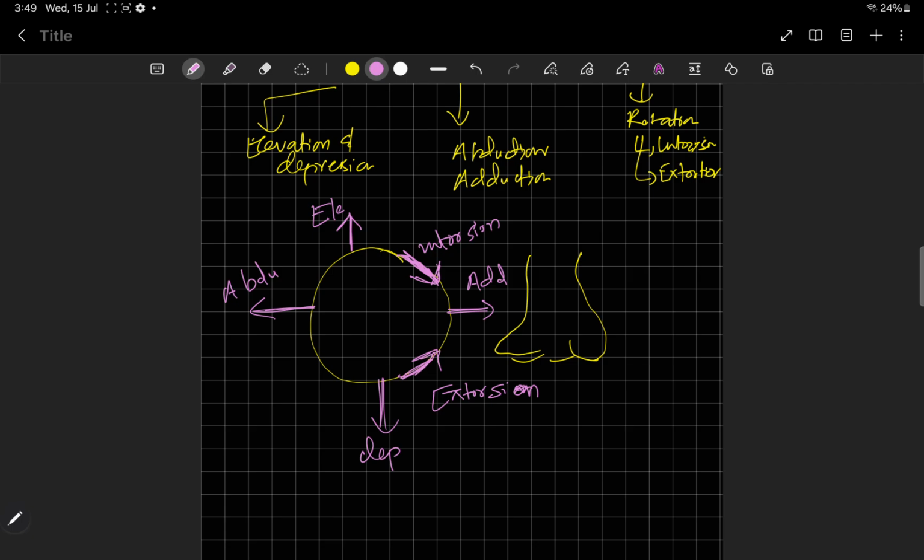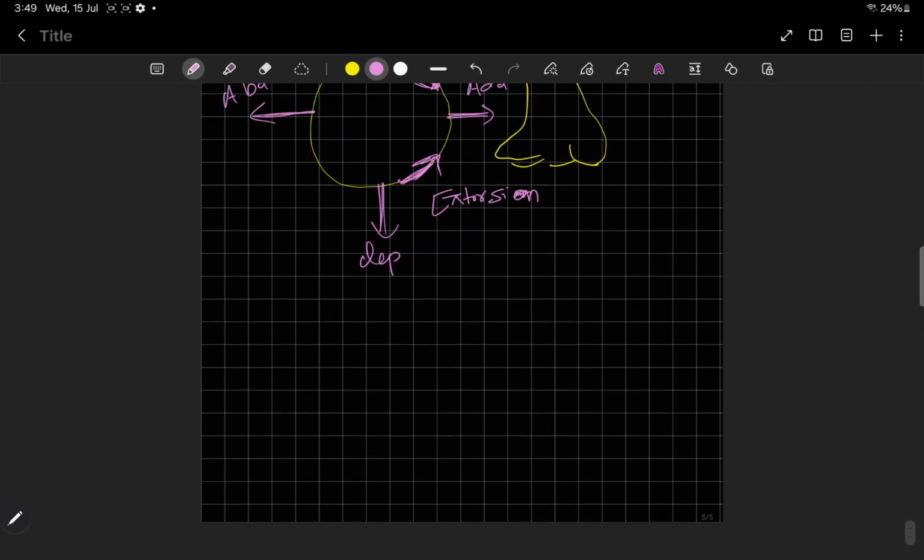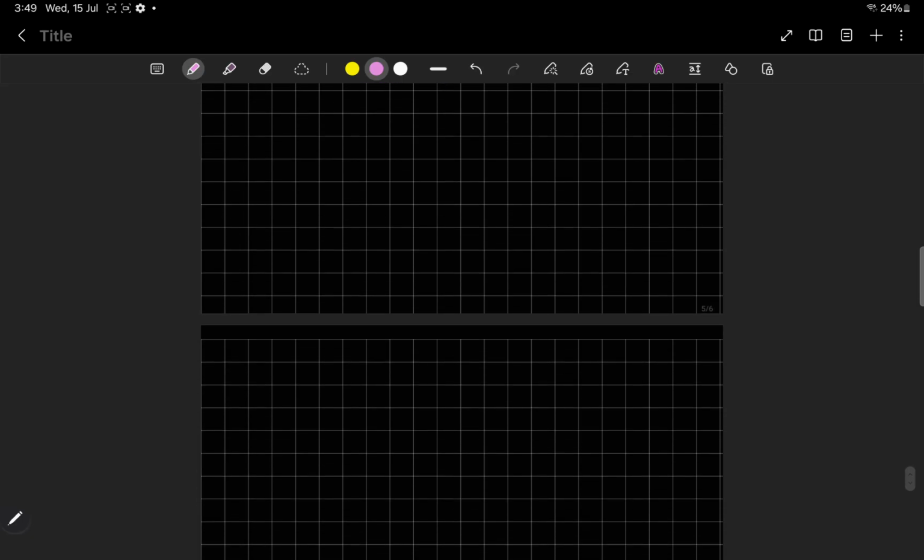Okay. Now coming to the action of individual muscles, we can remember this diagram. Again, this is an eyeball.